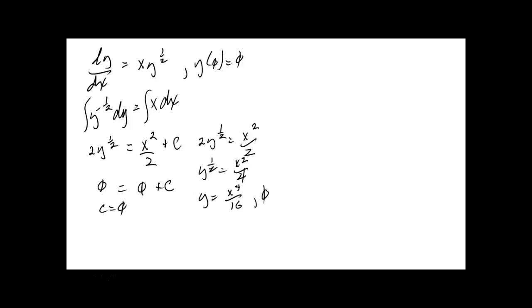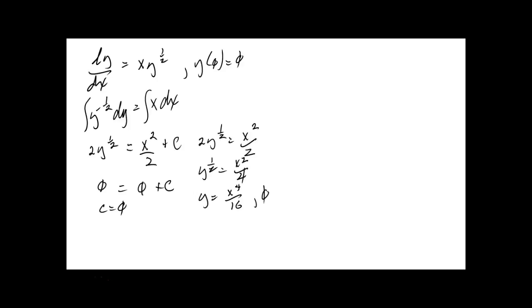Okay? And again, one of these is called a specific, I believe it is. The trivial solution, y is equal to 0, was lost when you divided by y to the 1/2. When you did that, dividing by y to the 1/2, you couldn't do that if y is equal to 0.